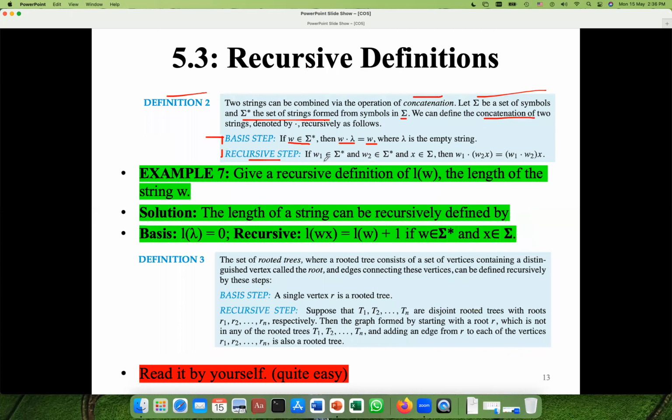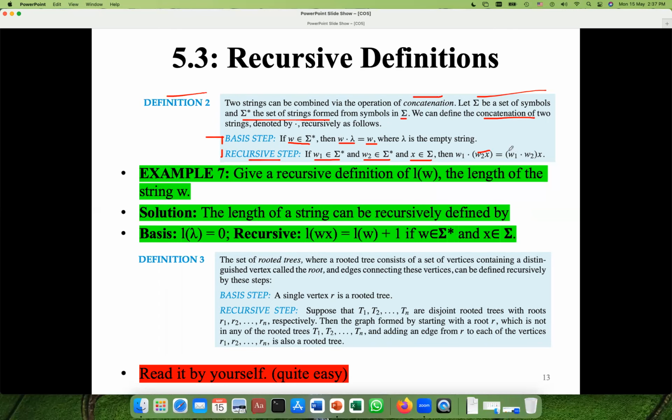So now for concatenation, if word 1 belongs to sigma star, and word 2 belongs to sigma star, so you have taken two words from sigma star, and if X belongs to sigma, so X is available in the input character set, then you can write word 1 concatenated with the combination of word 2 and X, using the dot product, which is the concatenation.